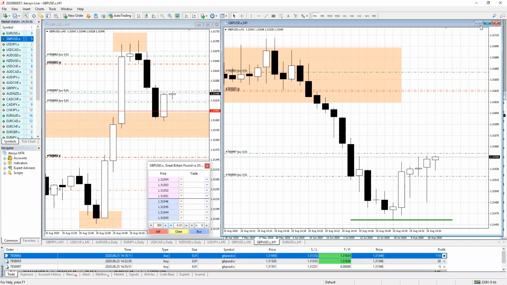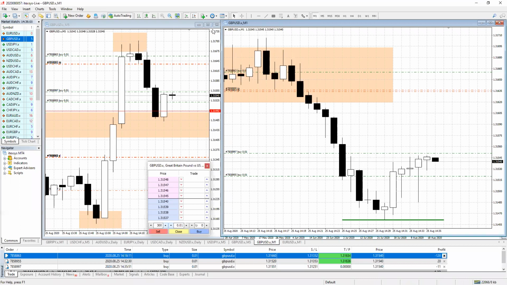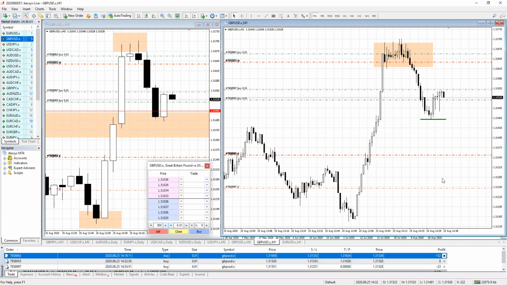Let's review what's going on. Let me zoom out. Okay, this is the trade. Instead of leaving all my stops here, I will move them to this area. So I'm not risking more, I'm actually risking the same.